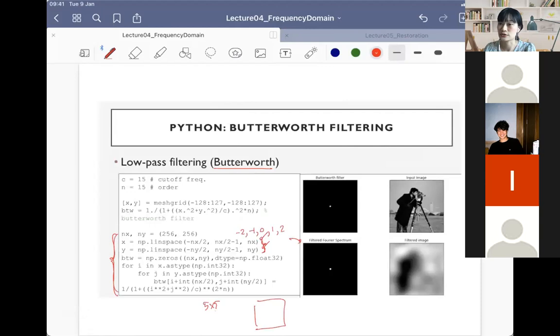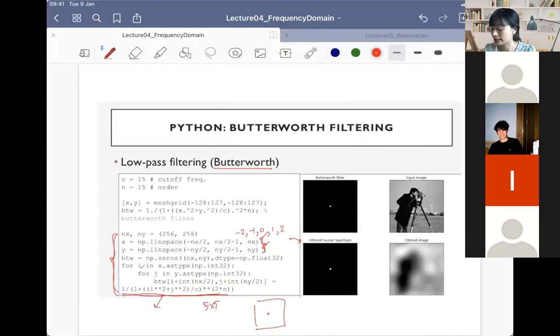The reason is to imitate how the origin was at the center. And then I have used the formula that I showed in the slide.